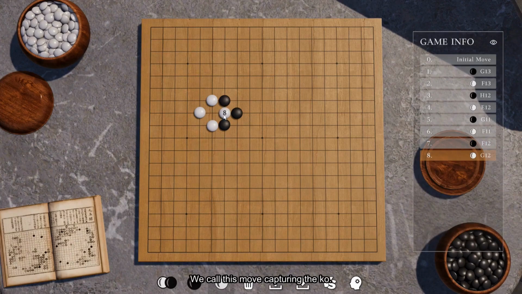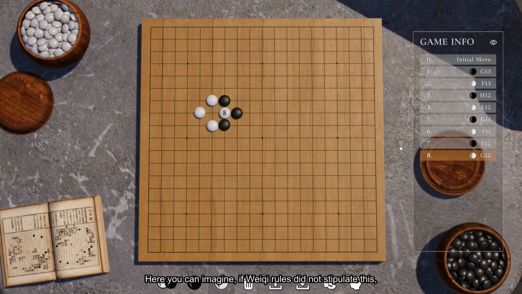We call this move capturing the KO. Then WeiQi rules state that when the opponent captures the KO, we cannot recapture immediately.